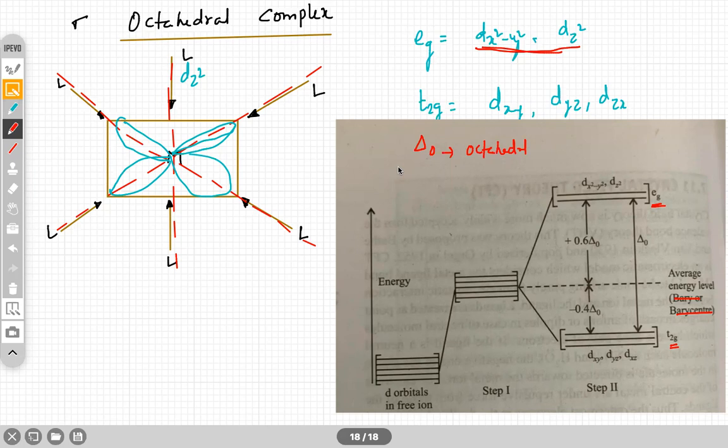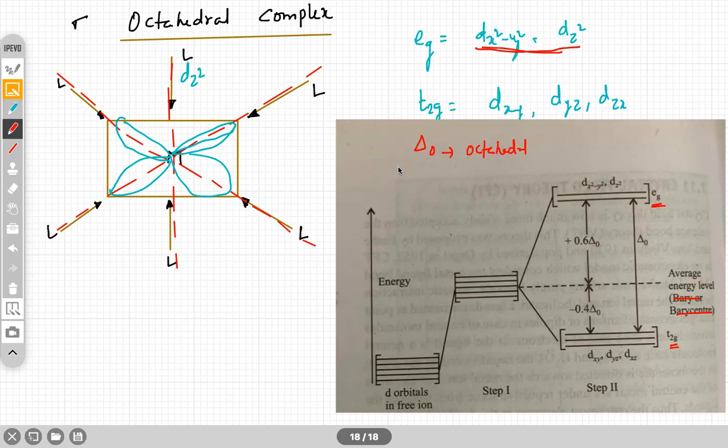Okay. So this is the splitting of orbitals. Now, if you want to distribute the electrons into this, from which orbital do you have to start the distribution of electrons? From the lower energy orbital, that's right.